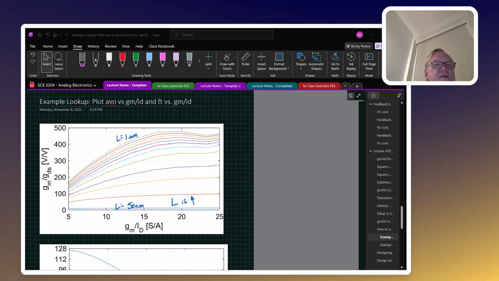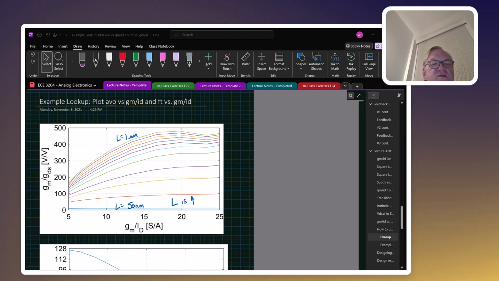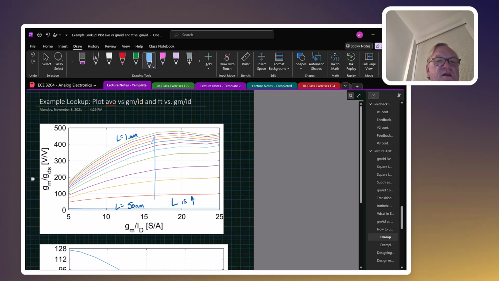Okay, so an example of how we might use something like this is, let's say we have a design where we know we are going to need a voltage gain, say, that's greater than 100. We have gm/gds plotted against gm/ID for several different transistor lengths. So for instance, length going from 50 nanometers up to 1 micrometer, and length is increasing as we go in the upwards direction.